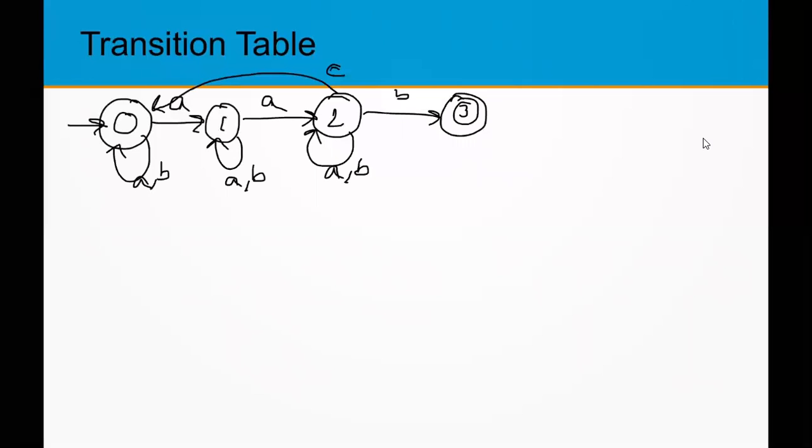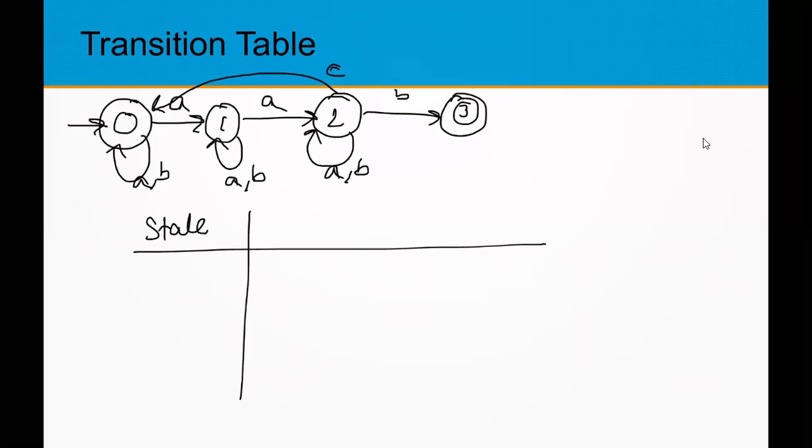There is also an epsilon transition to 0 from 2. If we have to create the transition table, it will be something like this. I have the states: state 0, state 1, state 2, and state 3. For every state, you will have one row.